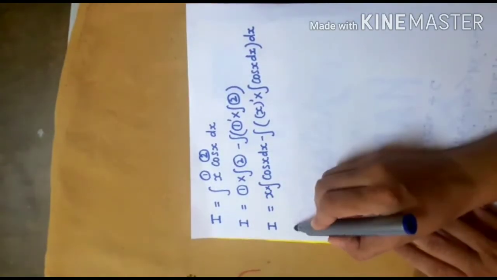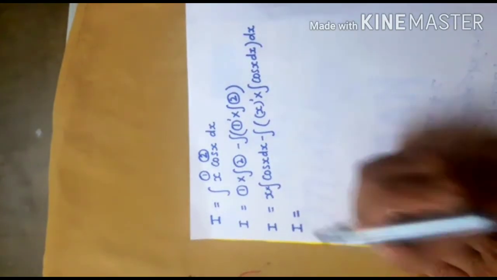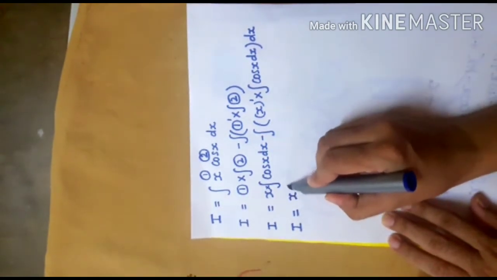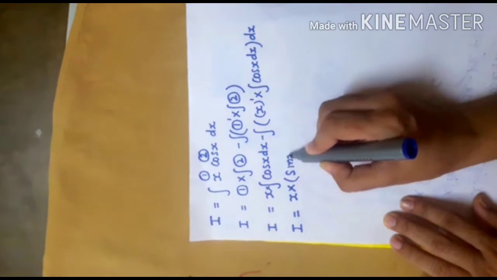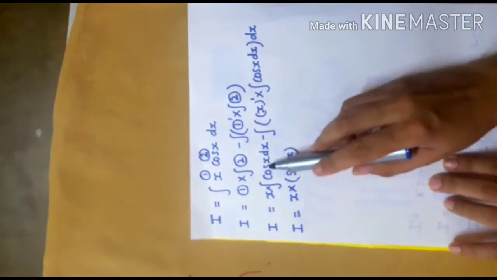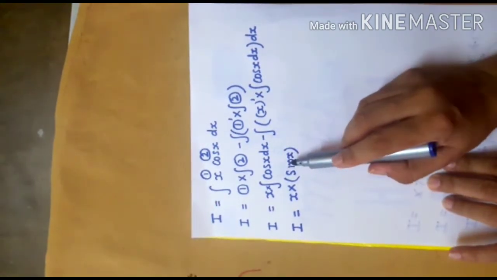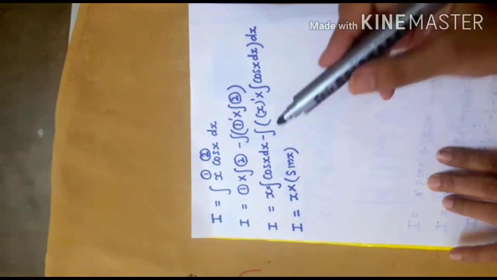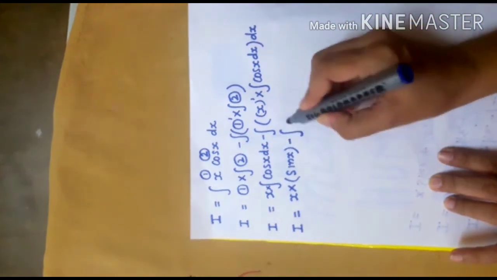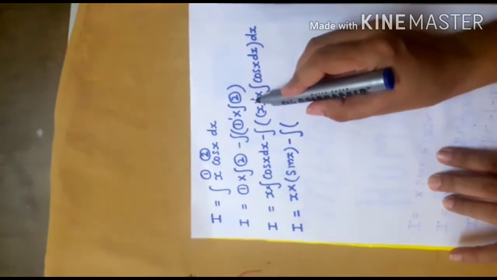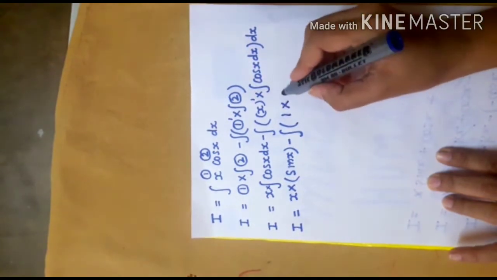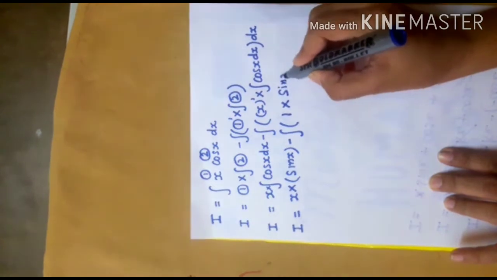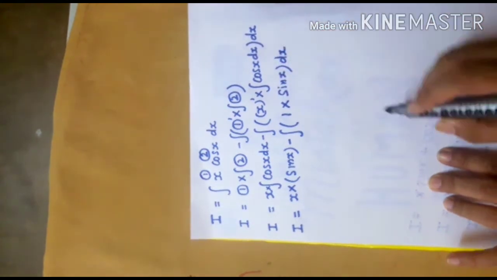Now let's evaluate. I will be equal to x into integral of cos x, which will be sin x. No need to add the constant of integration; we will add it in the final answer. Minus integral of x dash, meaning derivative of x, which is 1, into integral of cos x, which is sin x, right?